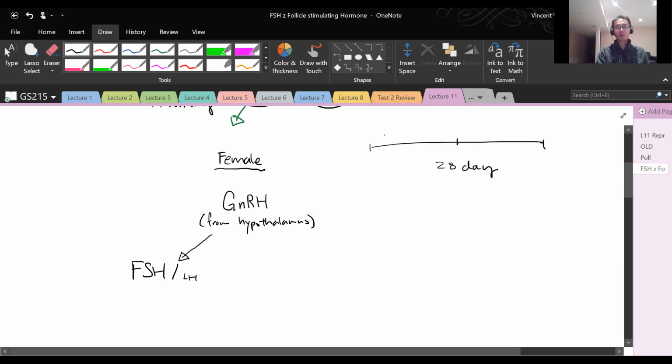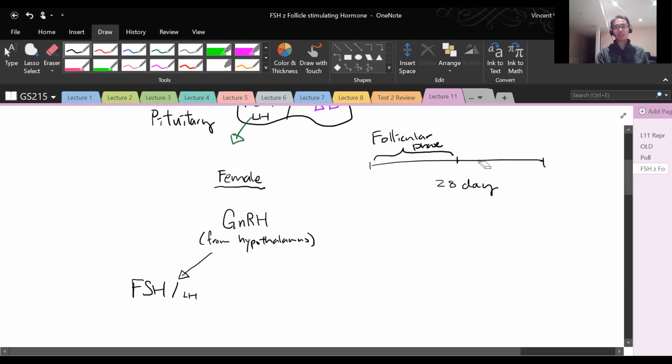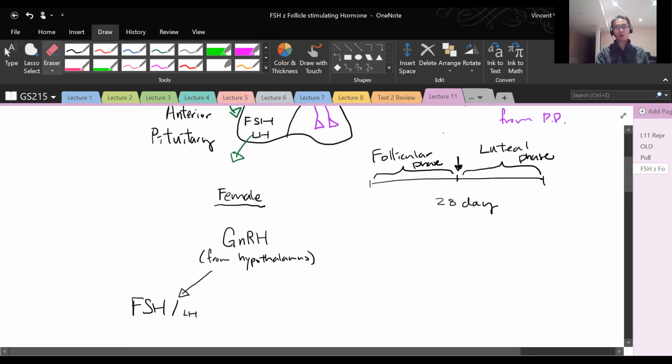So the initial 14 days is called the follicular phase. That is where the follicle is going to develop into the egg. And then the second part is called the luteal phase. And right in the middle is where ovulation occurs.